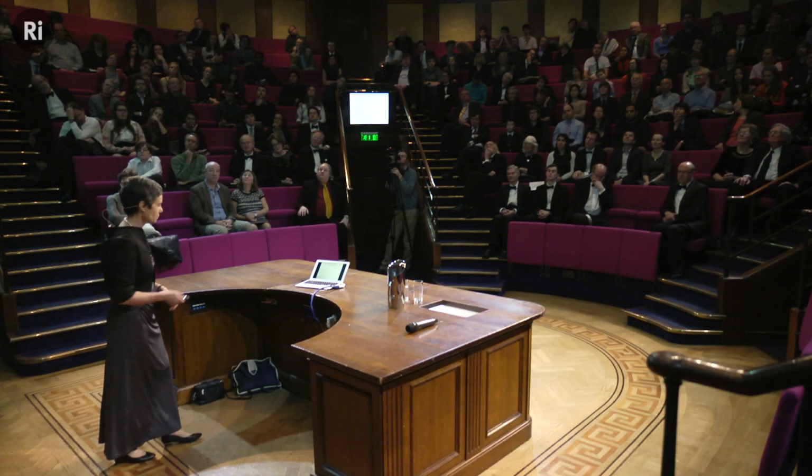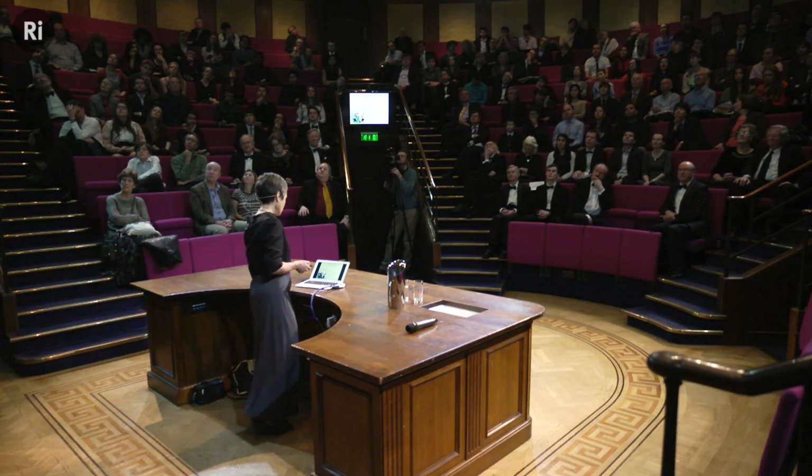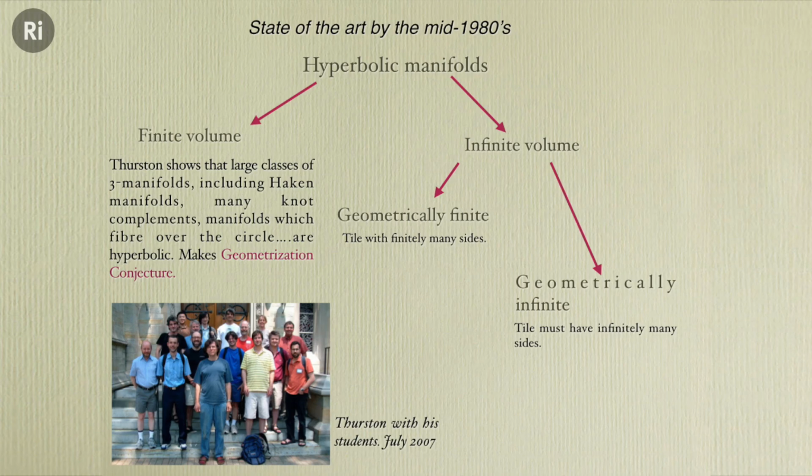Large classes of manifolds are actually hyperbolic. And a great deal of effort went into writing up nice versions of his proofs. Here's a picture of Thurston more recent. There was a big conference on his 60th birthday, and all of these students of his have in themselves made large contributions to mathematics.